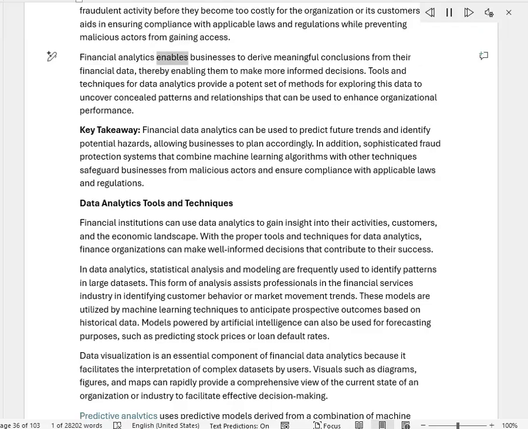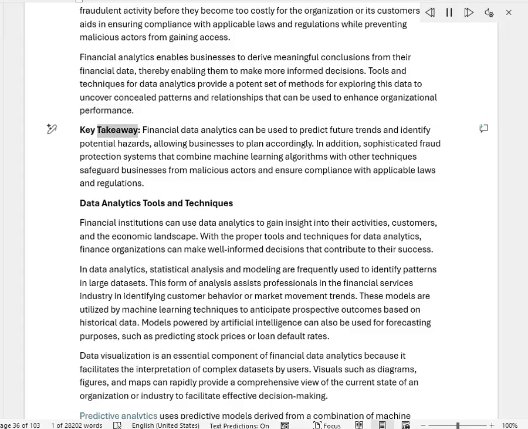Financial analytics enables businesses to derive meaningful conclusions from their financial data, thereby enabling them to make more informed decisions. Tools and techniques for data analytics provide a potent set of methods for exploring this data to uncover concealed patterns and relationships that can be used to enhance organizational performance.